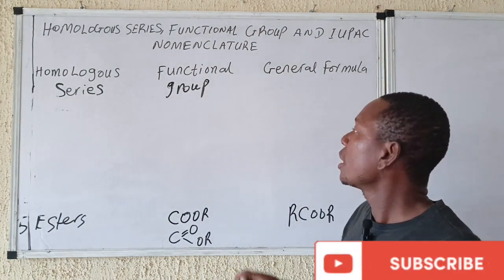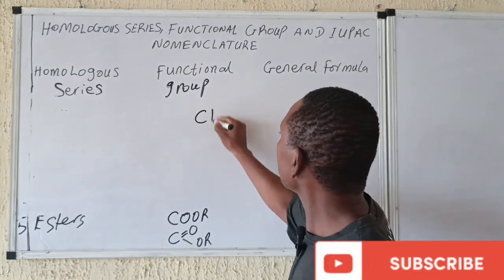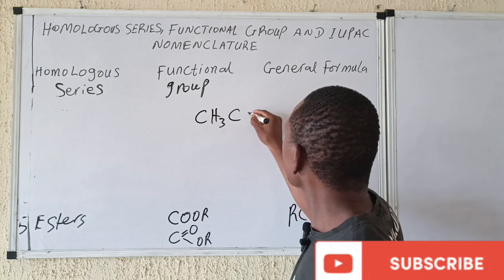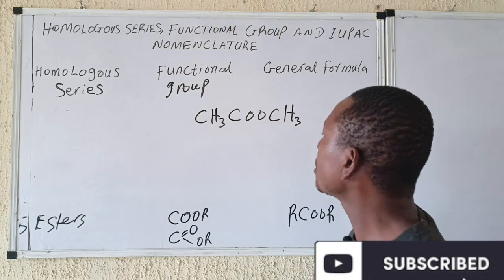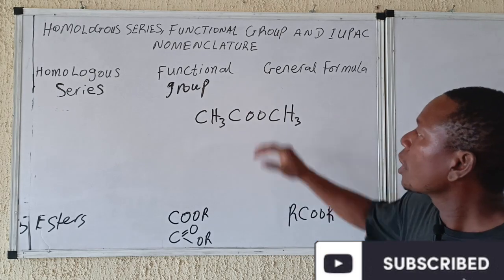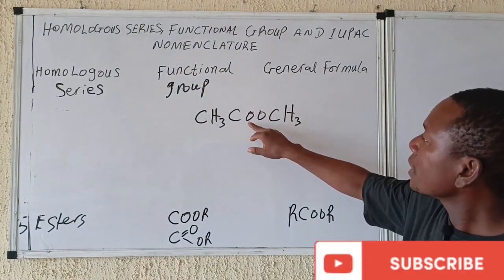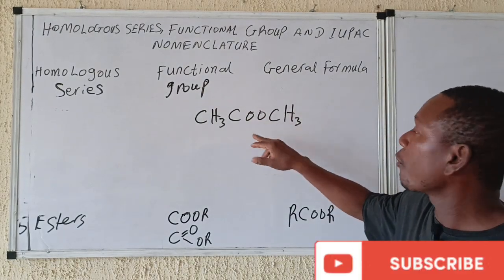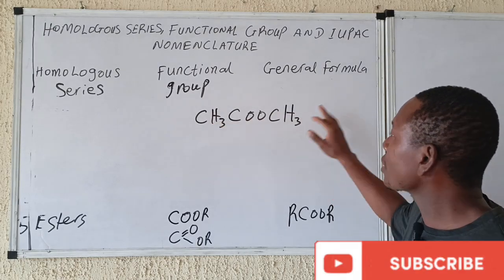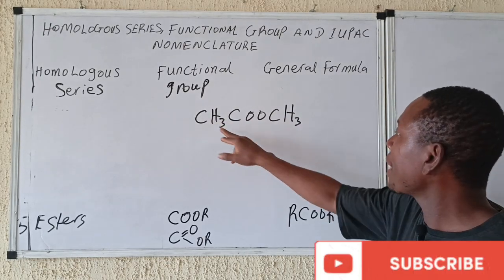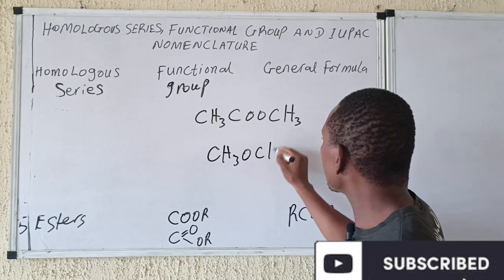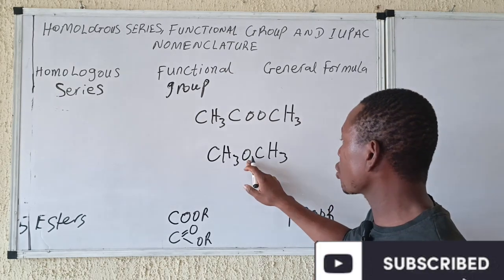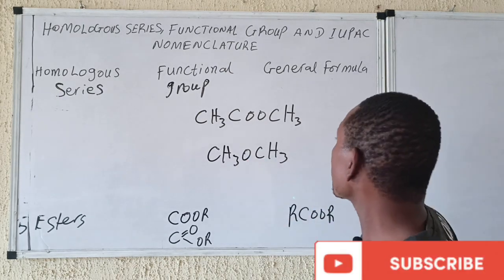For example, let's assume that you have a compound like this: CH3COOCH3. Now, note there is a double O here. It's different from the methoxy compounds. So methoxy would just be CH3OCH3. So this is methoxymethane. But this is different.